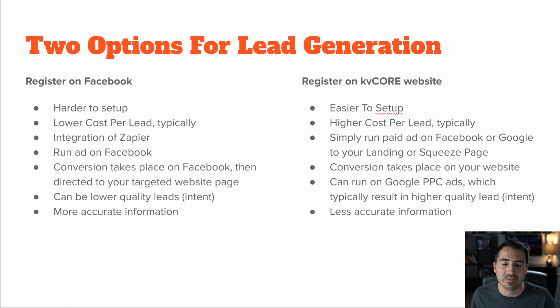When they type it in, there's more tendency for them to just type in Mickey Mouse or whatever. So you might get less accurate information that way. But just realize that with kvCORE and using that as your landing page or squeeze page, yes, you may get less leads. Yes, they might be more expensive, but typically they will be higher, more quality leads.